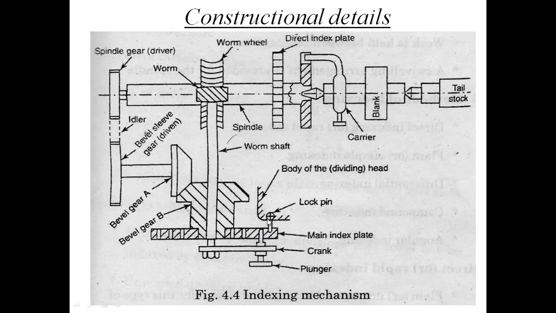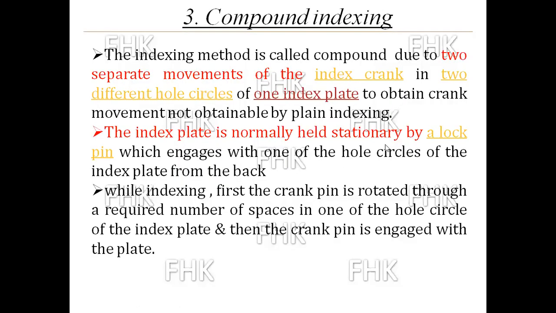This lock pin is part of the body of the dividing head. You fix that pin after giving a rotation to the main index plate, and after that the index plate won't rotate. That's why it is written here: the index plate is normally held stationary by a lock pin which engages with one of the hole circles of the index plate from the backside.